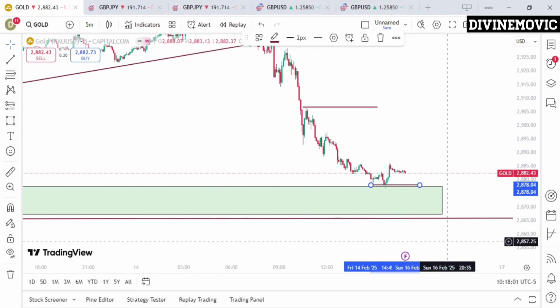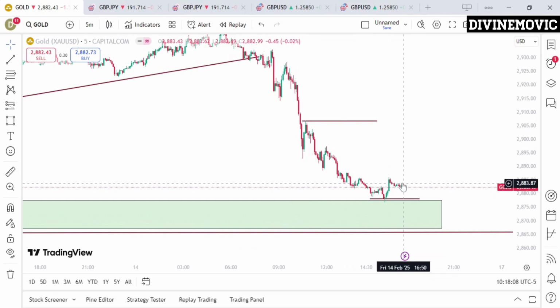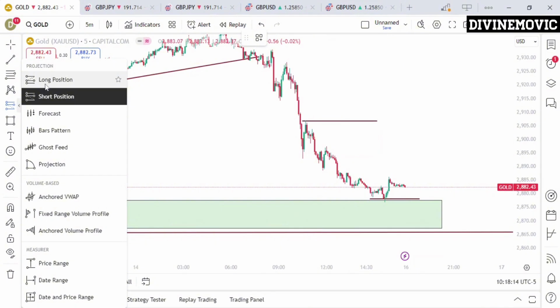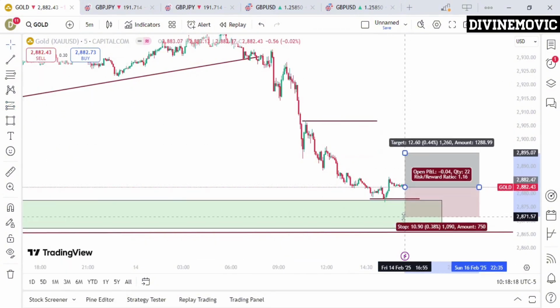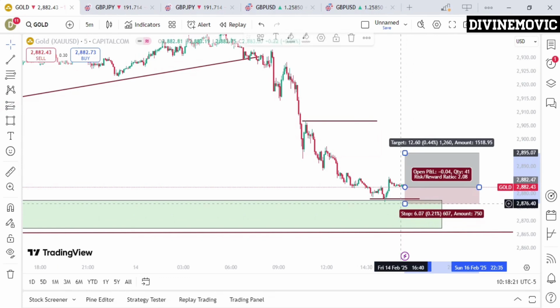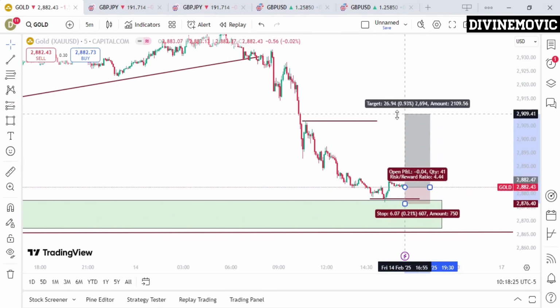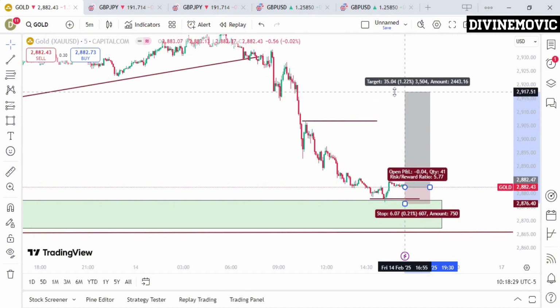That means if we're going to look for a buy opportunity here, we can simply take the risk and look for a buy opportunity from this level, and that is short. A buy opportunity from here, our stop loss below this particular low here, and most likely here as our TP1, and most likely here should be our full TP.